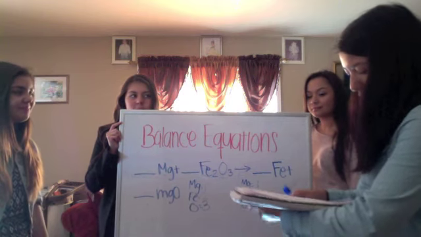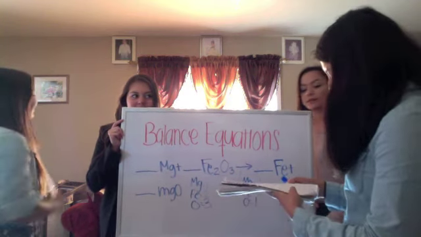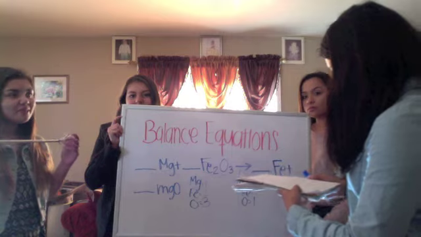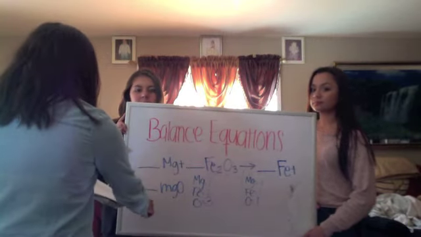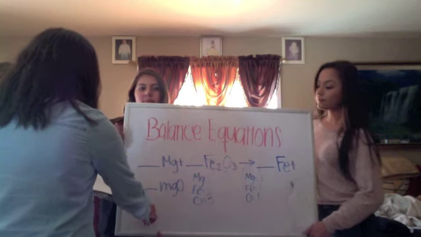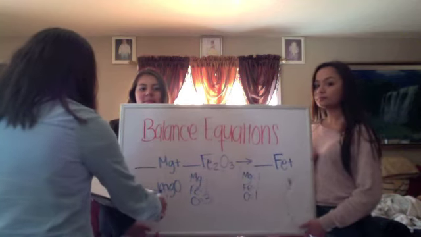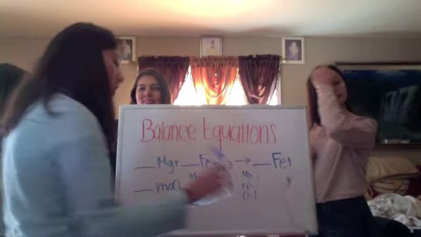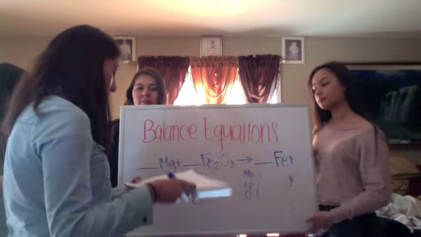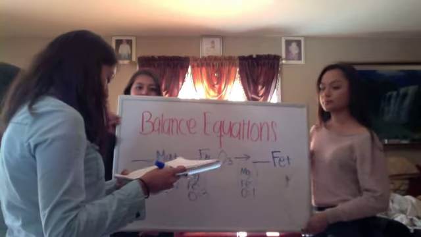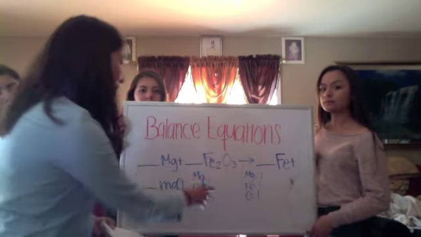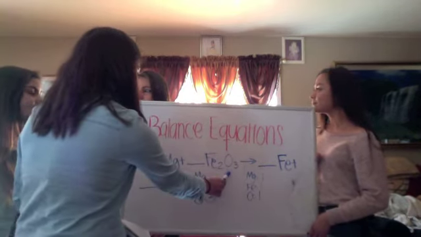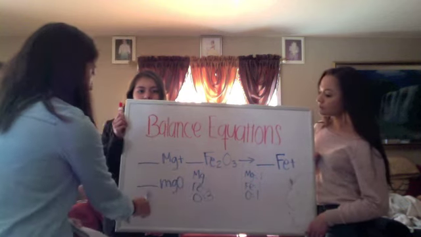And how do you do that, Melissa? Okay, and you will do that because you will, so since Mg is right here, you will multiply oxygen. No, we're actually going to start off with oxygen because it's a bit easier to do. So since oxygen on this side is 3, you want to make sure this one's 3.